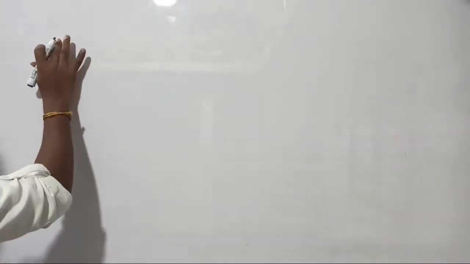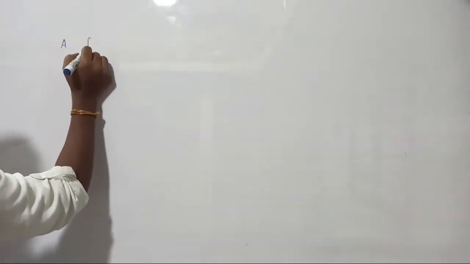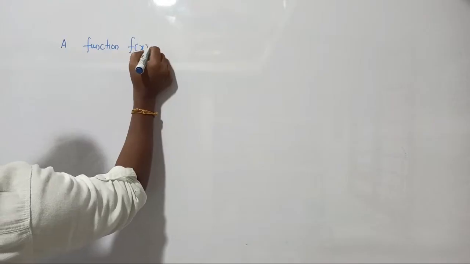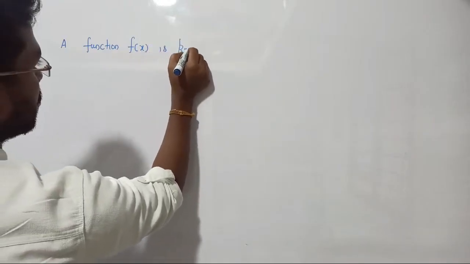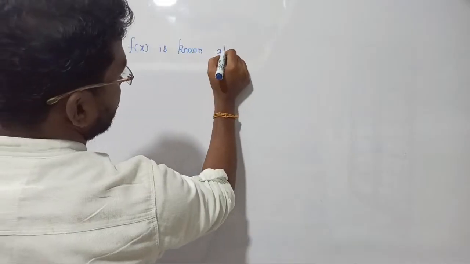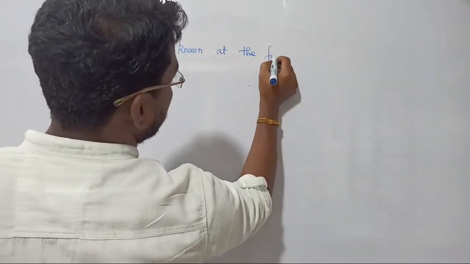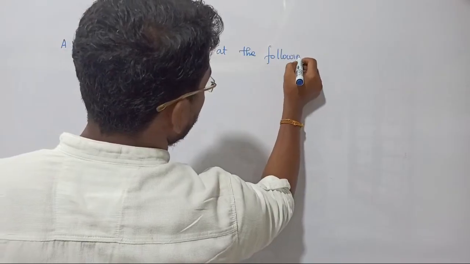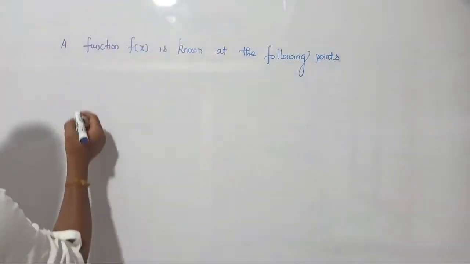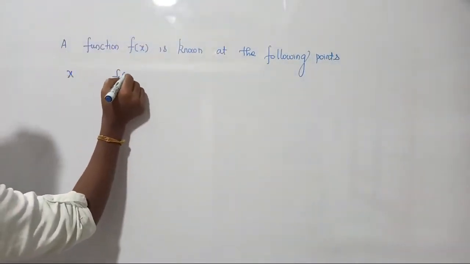Write down the question. A function f of x is known at the following points. x is given, f of x is also given.